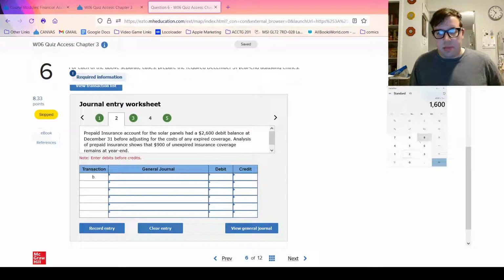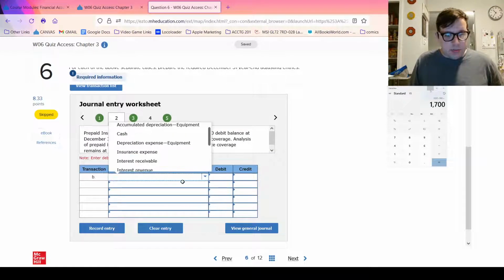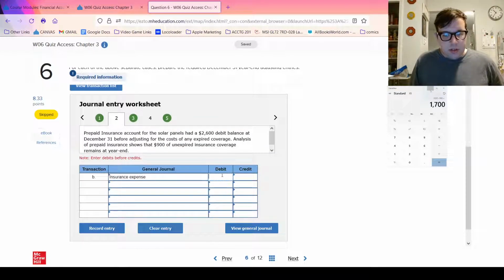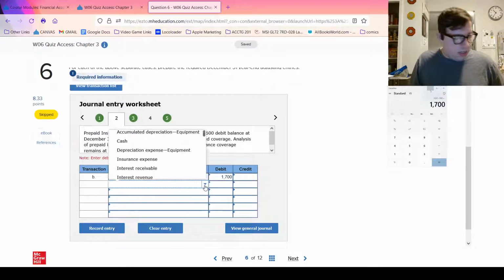is by subtracting what's left. So on our calculator here, I've got $2,600 minus 900, and that brings us to $1,700. So that's the amount of expired. And the way that we record that, or adjust that, I should say, is as an insurance expense, $1,700 of expired, and then that is coming from the prepaid insurance from the initial.